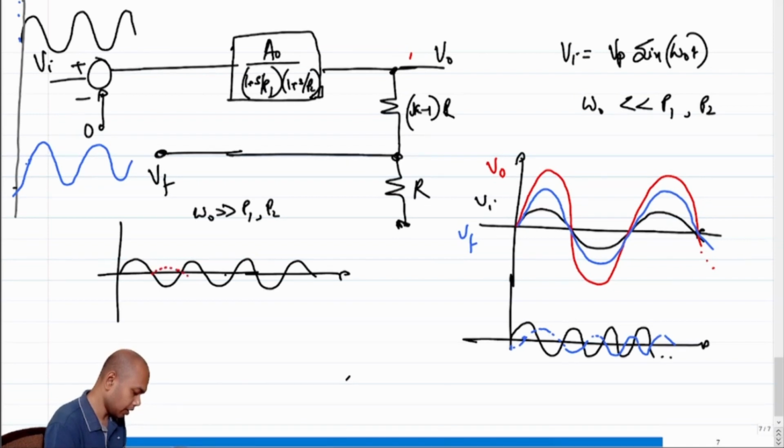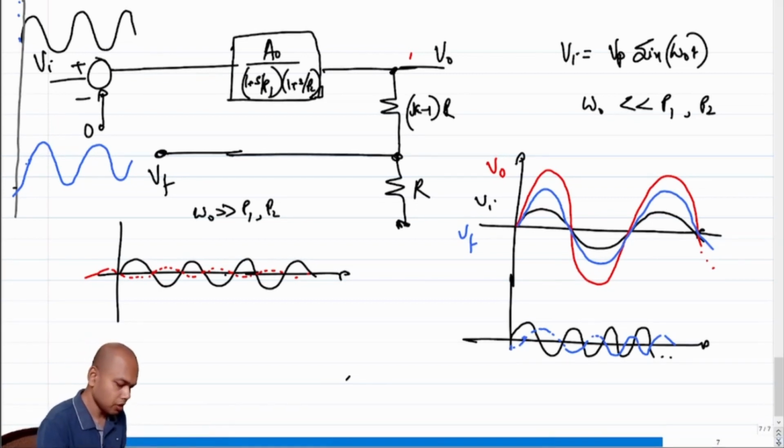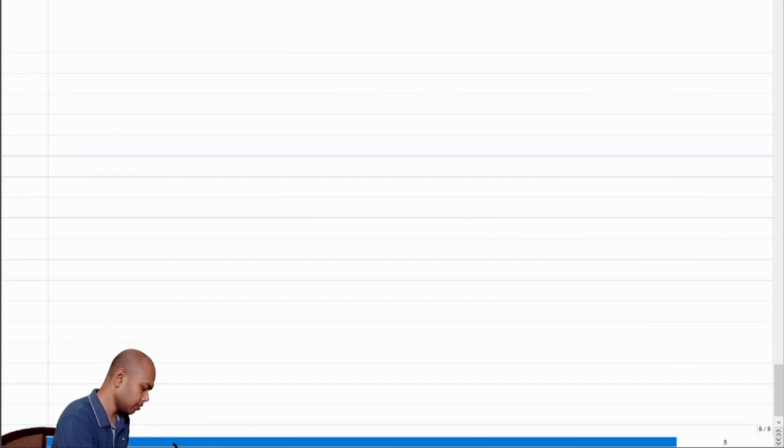So this will be something like this, but heavily attenuated. But let's assume there is another pole in the system, some additional delay, some additional phase lag. What can be the source of additional phase lag? There can be an additional pole. So let's assume that there is an additional pole.